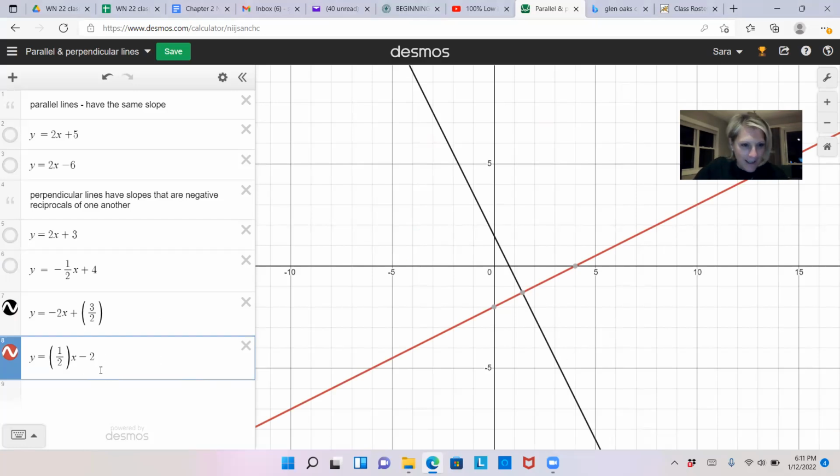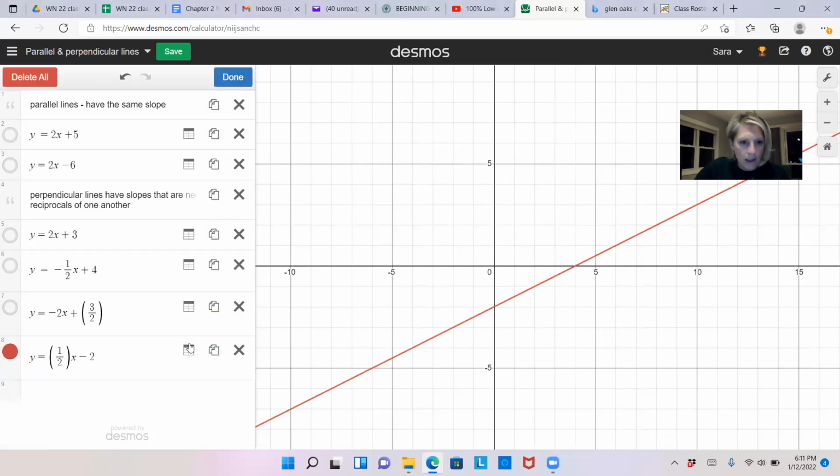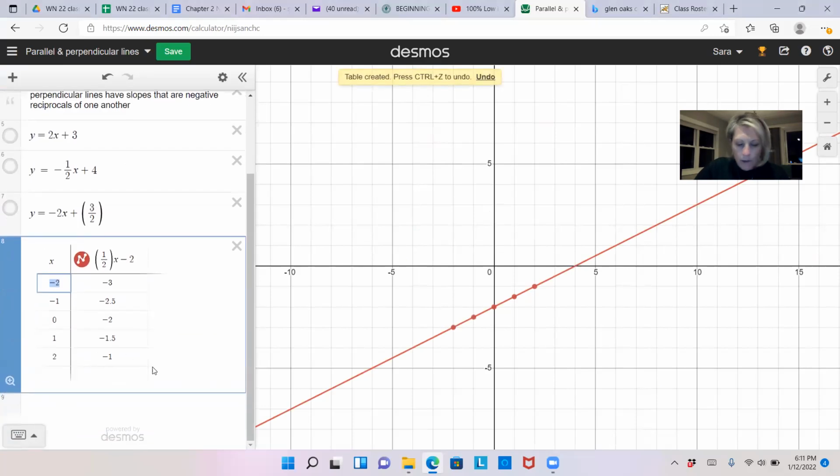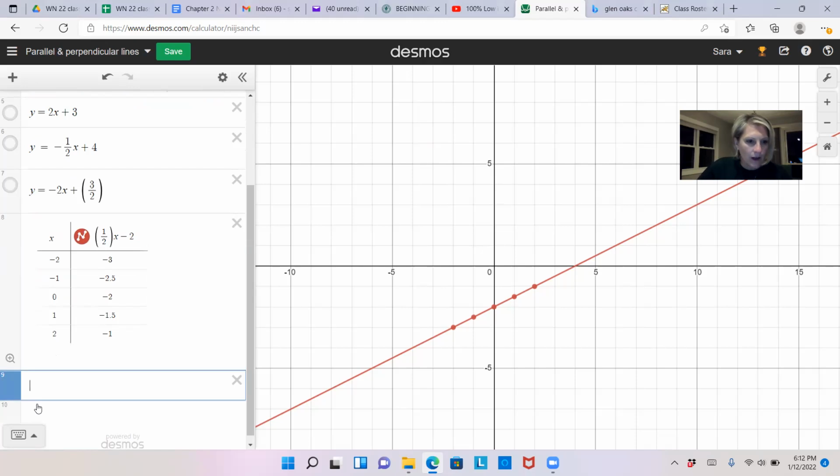That's exciting. And on my second line, I'm going to just turn off my first line. My second line that we created, let's go up to the gear. I'm going to click on the gear and make a table. I just want to validate that the point positive 2 and negative 1 does fall on it.